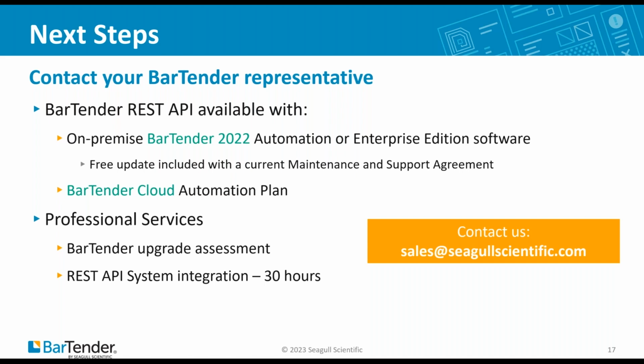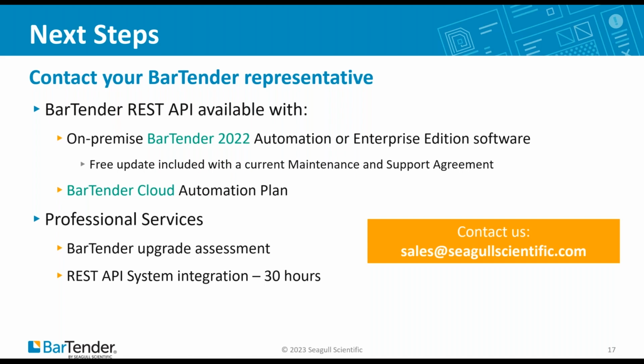As I think we mentioned, it's available in both our product lines. So first, it's available in the latest BarTender 2022 release. And it's available in the Automation or Enterprise Edition software for your on-premise use. If you are a current BarTender customer, and you're on a current maintenance and support agreement, BarTender 2022 is a free download and update.